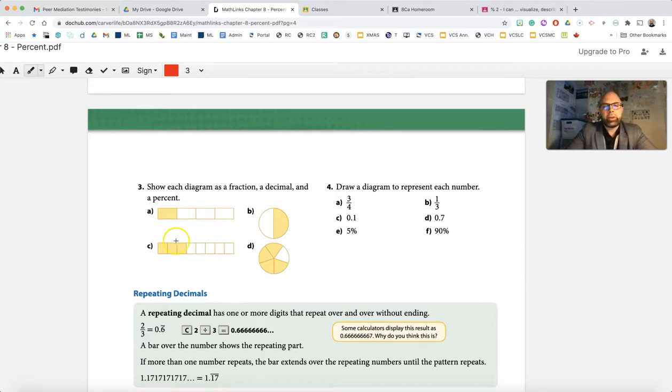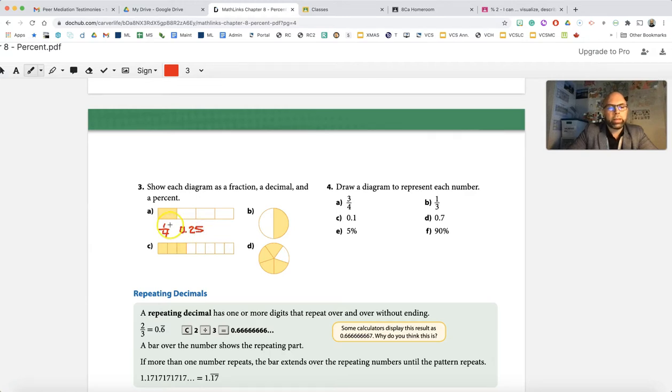Show each diagram as a fraction, a decimal, and a percent. So I won't do all of these, but we have 4 cells here, so this is clearly 1 over 4. There's my fraction. A decimal, we have to do a little bit of mental math there, and there are different ways to do that.